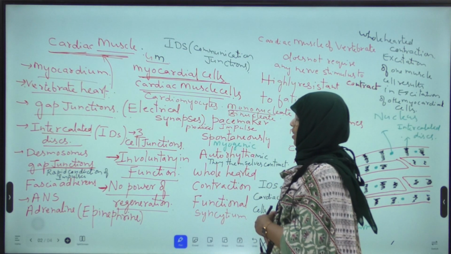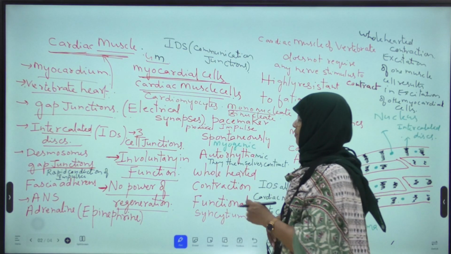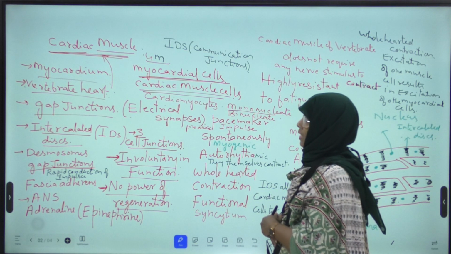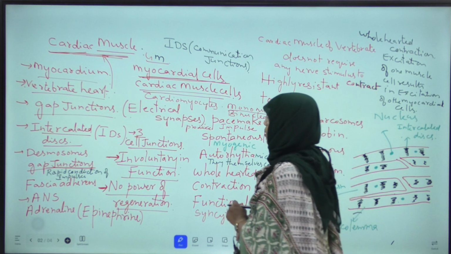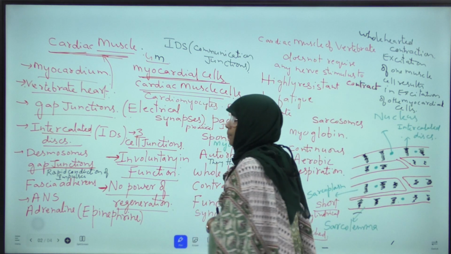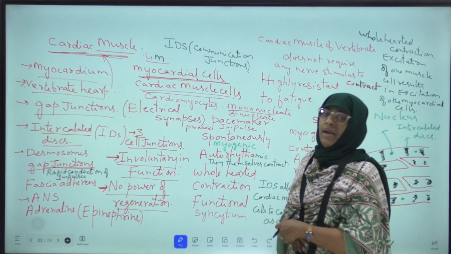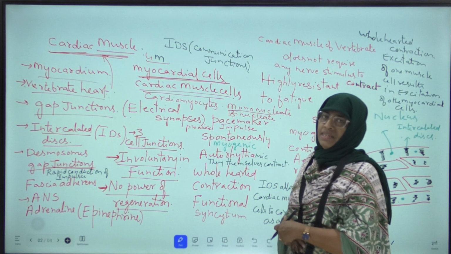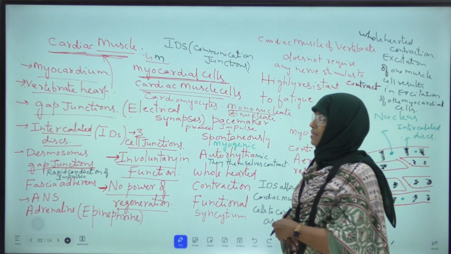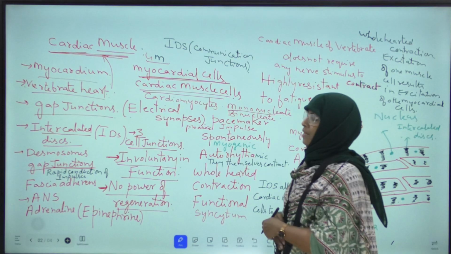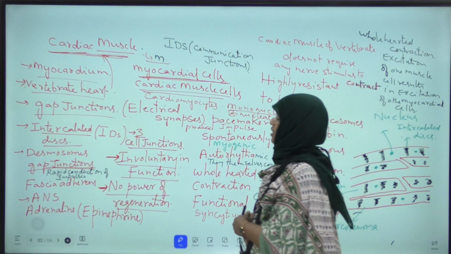Remember this important point. But in striped muscles, limited regeneration is seen due to the presence of stem cells like satellite cells. For cardiac cells, there is none.